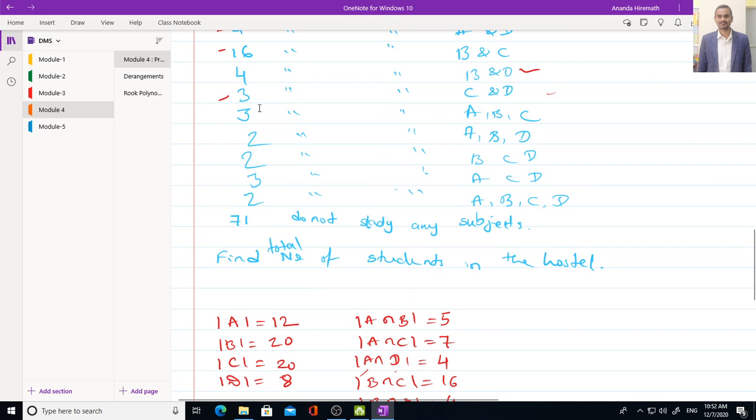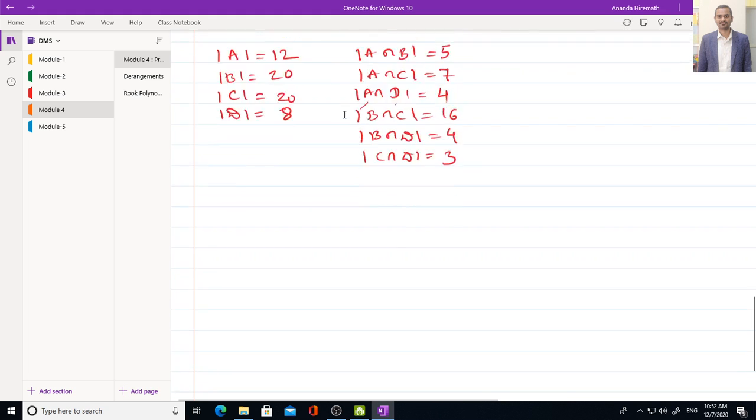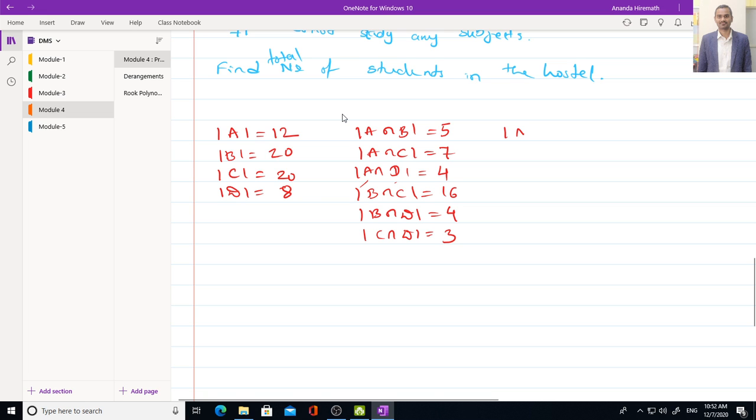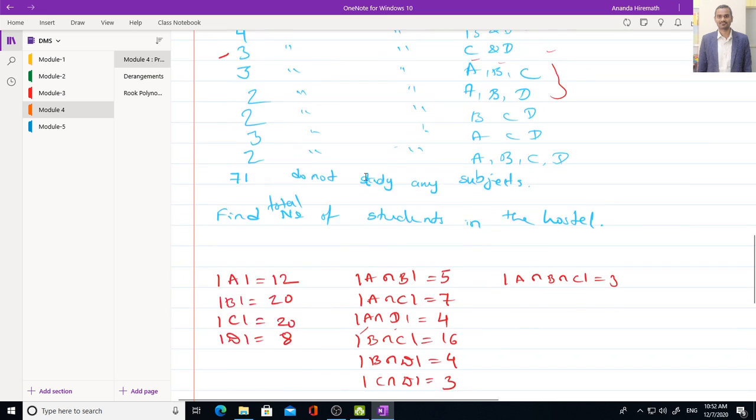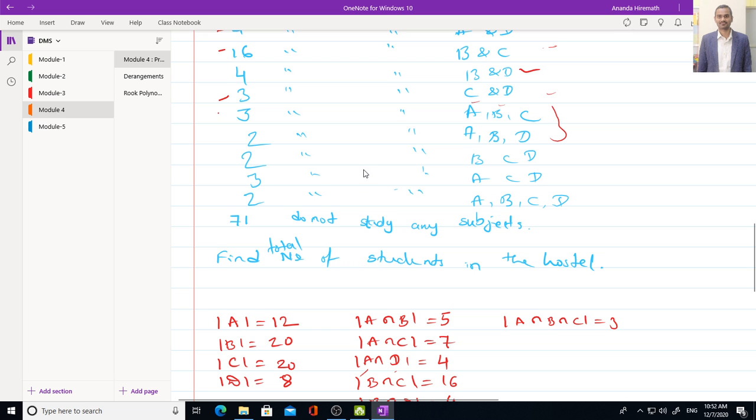Then we have combination of threes next. We completed combination of ones and twos, now 3. A, B, C, the students who study these 3 subjects, it is 3. This is given data.